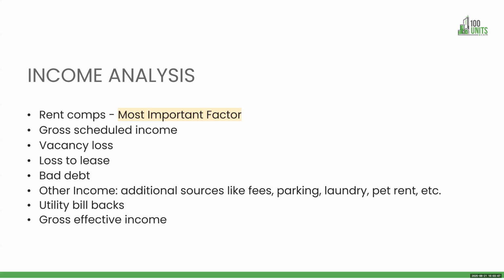When people are looking at assets and there is no other income, that's typically a flag that there's an opportunity to increase the income in the asset, because all multifamily should have some level of other income besides just the rent. And one of those is utility bill backs, there's parking, there's laundry, there's pet rent, there's fees. There's a number of auxiliary things that can be added to make up additional income to the owner.